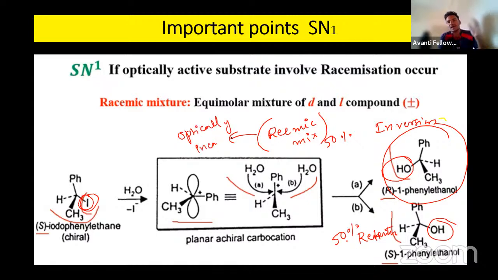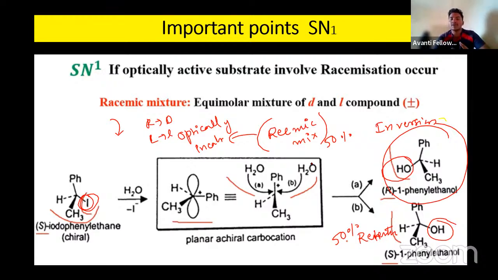It means if you pass plane polarized light, these compounds will not rotate the plane polarized light. If they rotate towards the left, we call it levorotatory. If they rotate towards the right, we call it dextrorotatory.